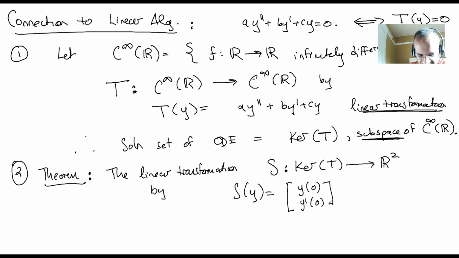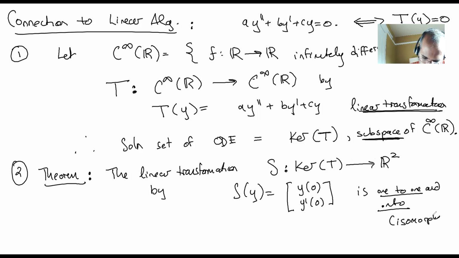This is something we've seen many times now. S is one to one and onto, an isomorphism. This is called the existence and uniqueness theorem.